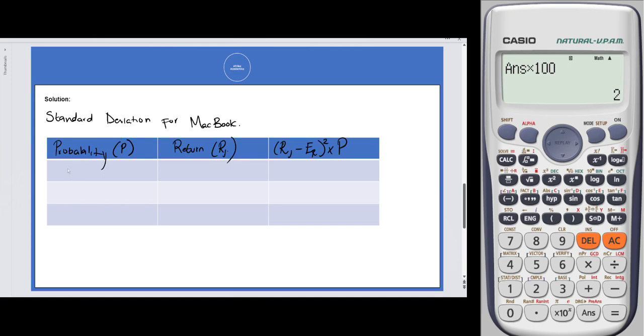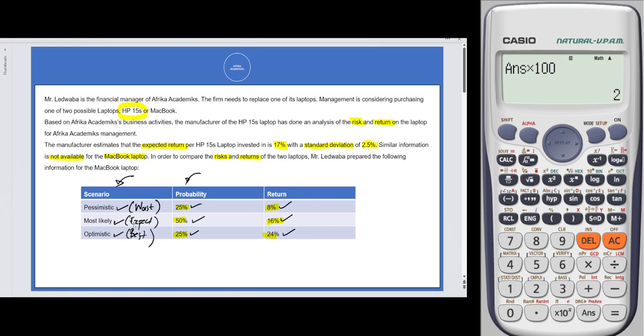So remember, our probabilities are the ones that are given to us over here. Your 25%, your 50%, your 25%, and then our return also are the ones given here: 8%, 16, and 24.